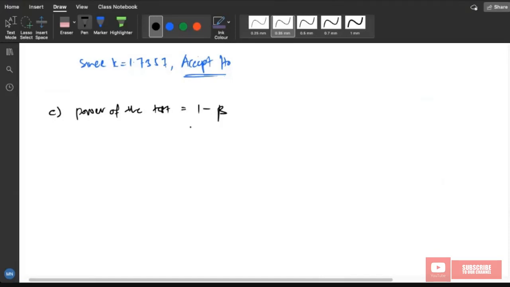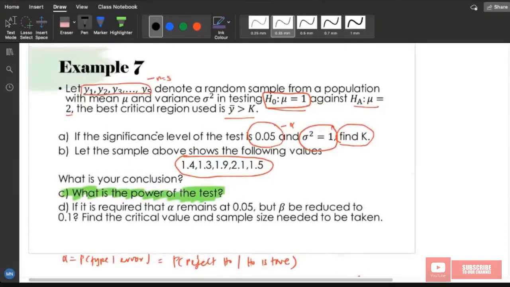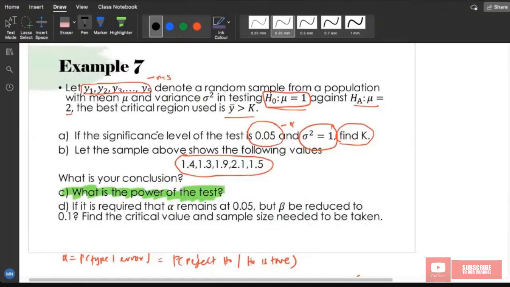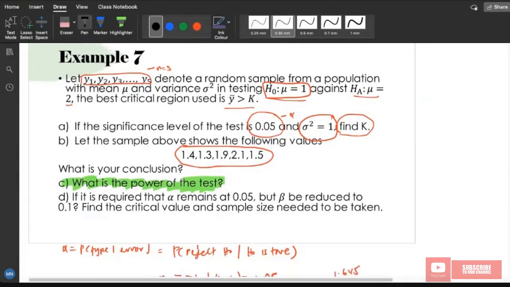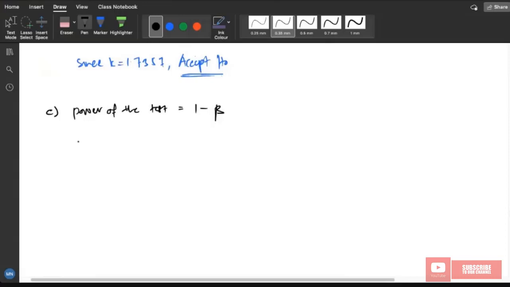Power of the test is 1 minus beta. We don't really know the value of the probability of type 2 error, so we need to find it. The probability of type 2 error is the probability of accepting null hypothesis when null hypothesis is false.